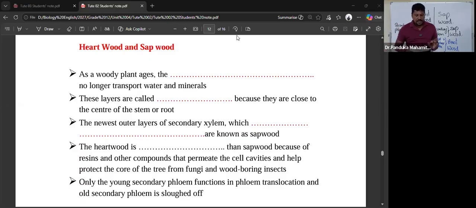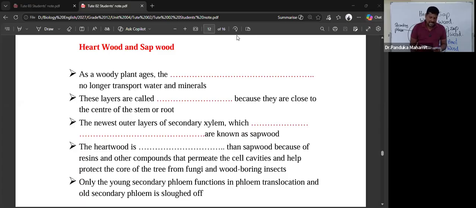The newest outer layers of secondary xylem, which still transport xylem sap, are known as sapwood.